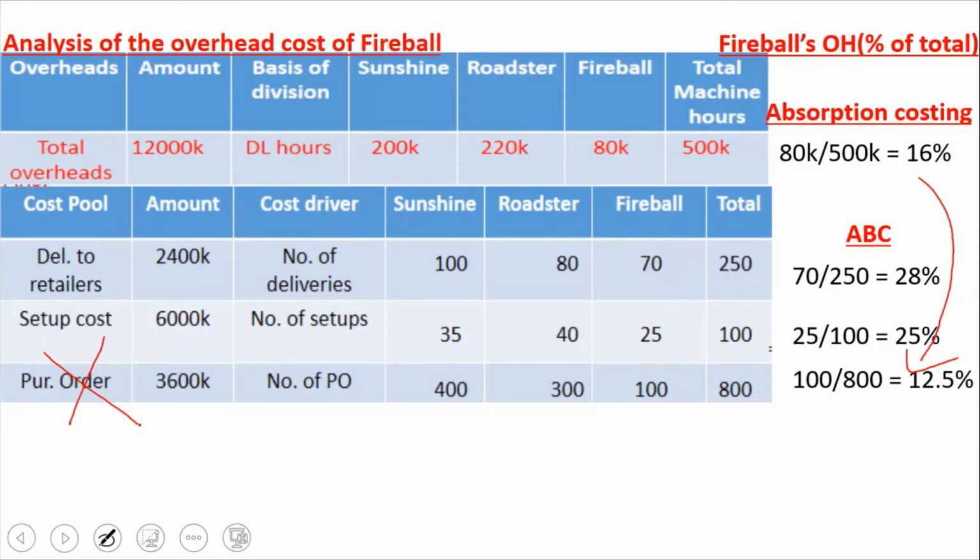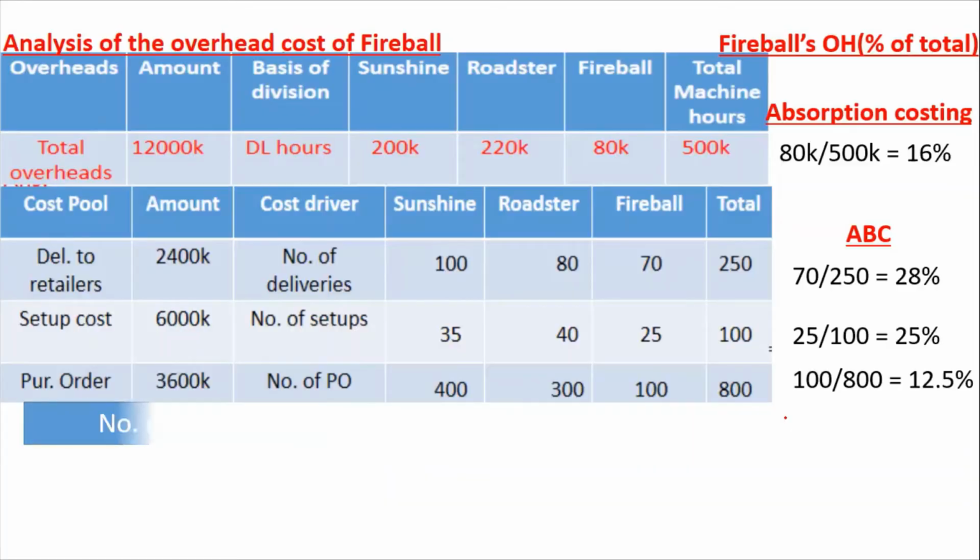So the only 2 cost pools that you have to mention for explaining the loss of Fireball under ABC are the delivery cost to retailers and the setup cost, because only in these 2 expenses has the percentage of Fireball increased when compared to absorption costing. So we have understood that the loss of Fireball under ABC is because of an increase in the delivery cost and the setup cost. So what can we do about that?